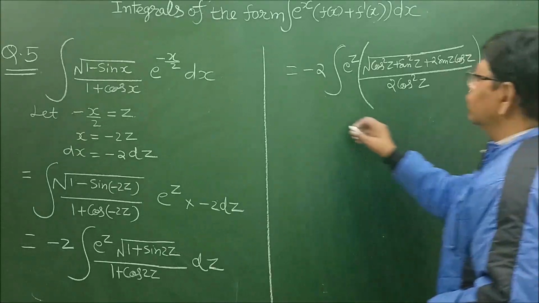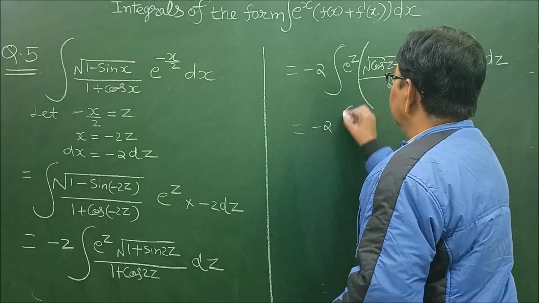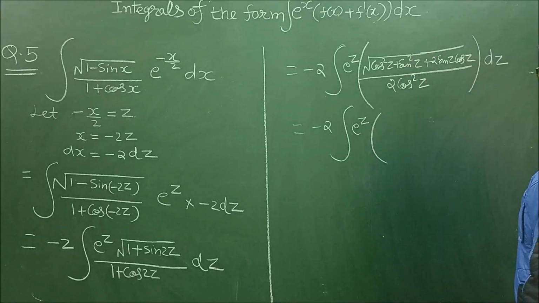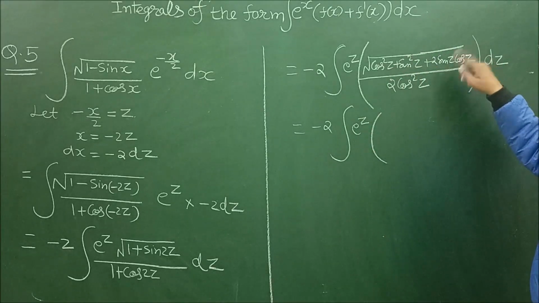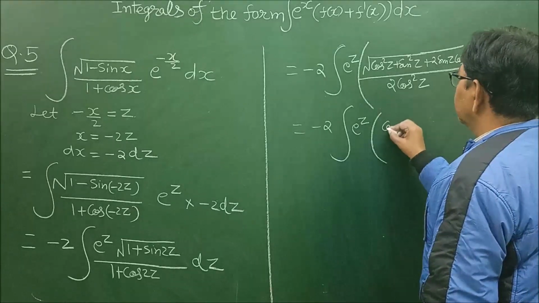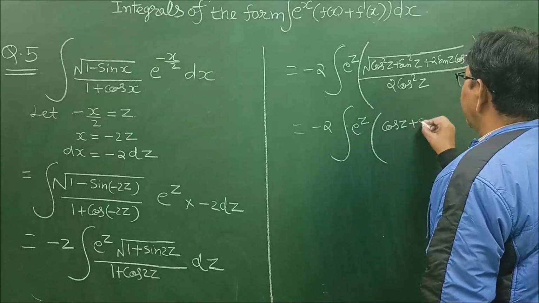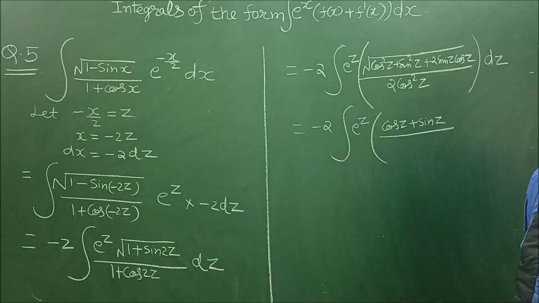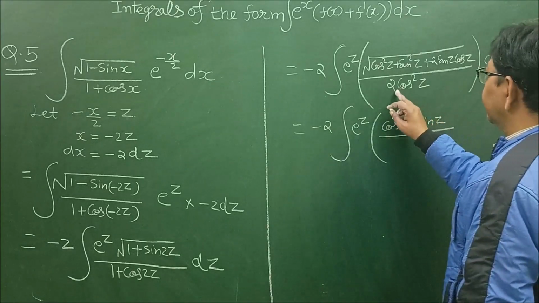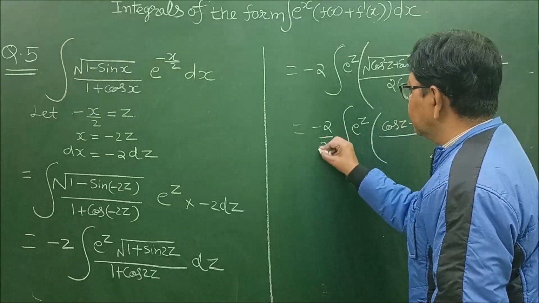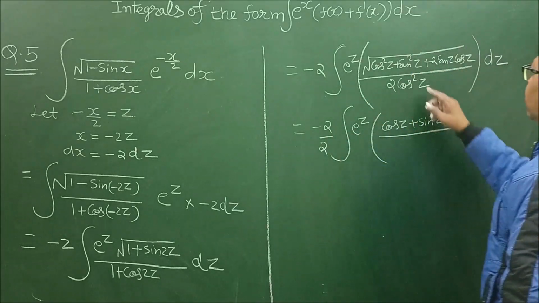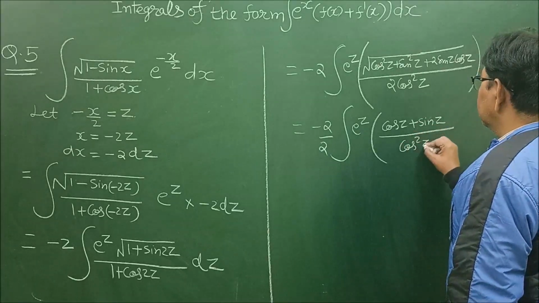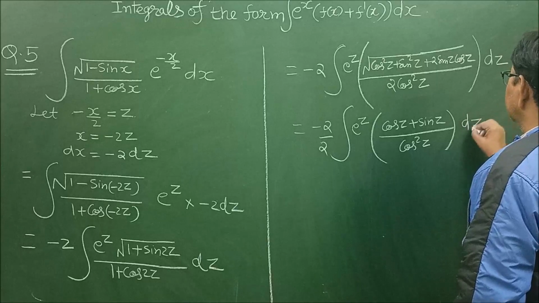So this is equal to minus 2 integral of e raised to the power z, this is the whole square of cos z plus sin z, and square root. So this is equal to cos z plus sin z upon root 2 cos z. This 2 can be taken out of the bracket, and this upon cos square z, dz.